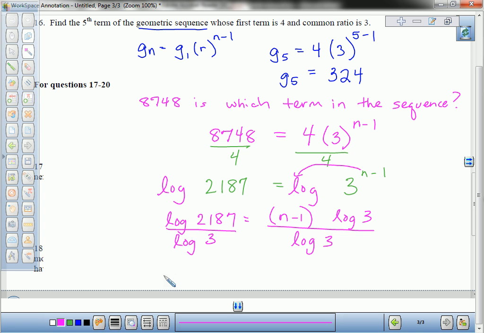So if we did the actual correct numbers instead of where I flip-flopped them, it gives you an exact 7. So it is the 8th term, because when we add 1 to both sides, we get 8.